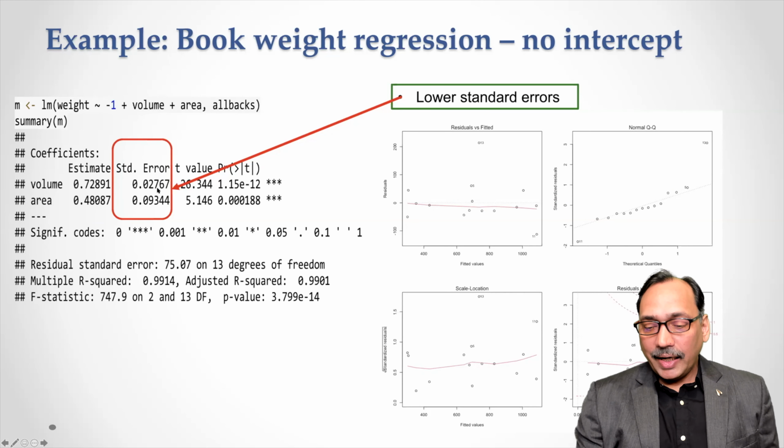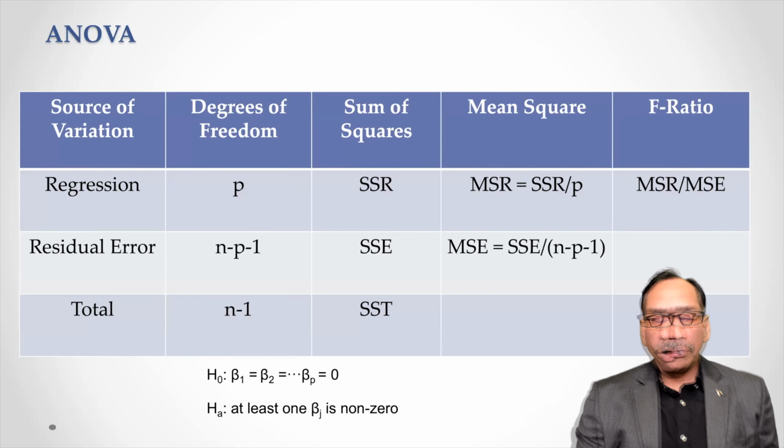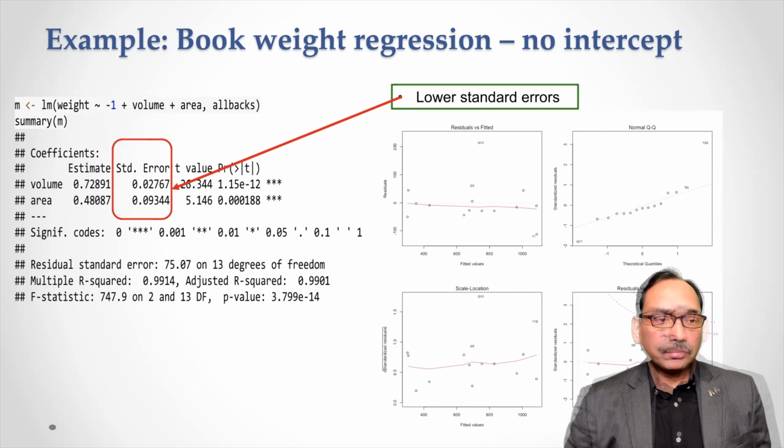The reason the standard error was high last time was this high correlation between the intercept and the volume. With area there was also a little bit, and you'll see that 0.10 reduces to 0.09. So there is a little bit of improvement in our estimates.